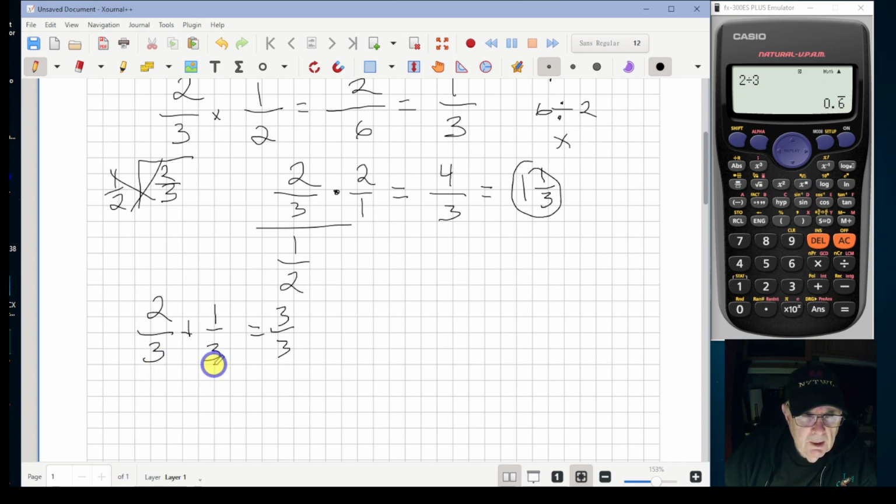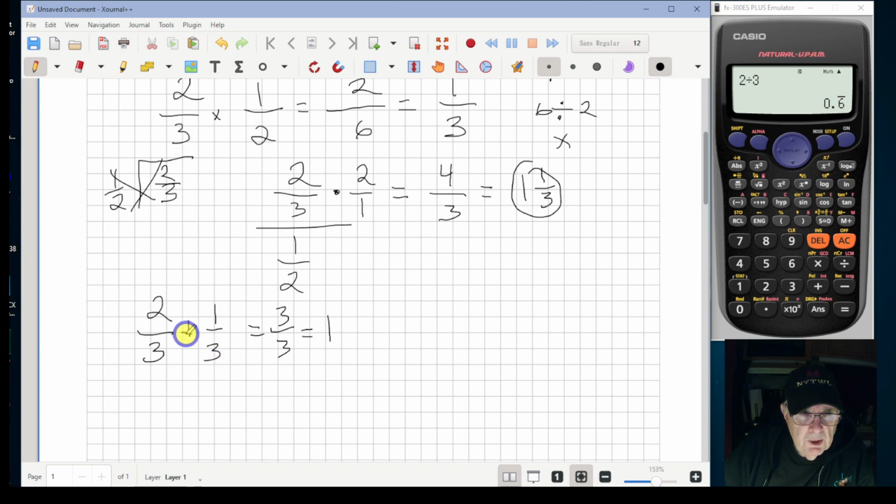When the denominators are the same, and with adding and subtracting, all the arithmetic takes place in the numerator anyway. We just add the numerators and put it over the existing denominator. And of course we recognize that when the top number and the bottom number are the same, that equals 1.